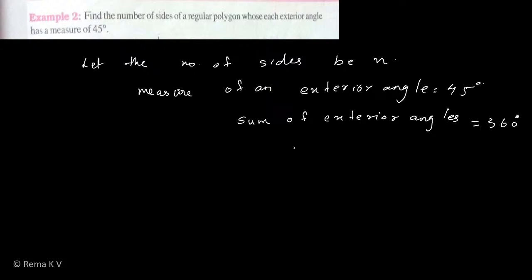And you know that there are n angles, each of measure 45 degrees. So n into 45 is equal to 360. So what is the value of n from this? 360 divided by 45. Find out the answer.